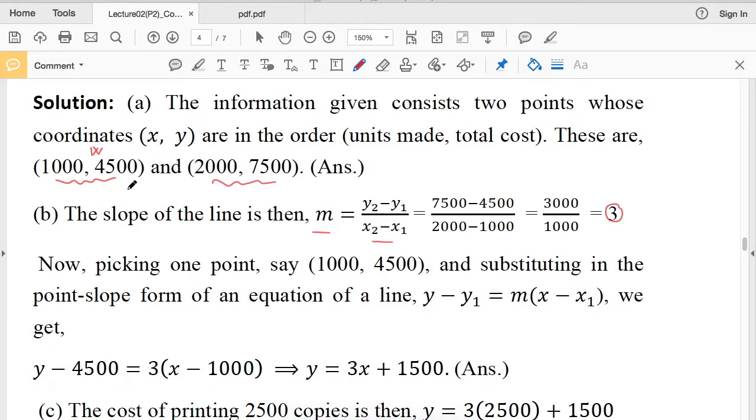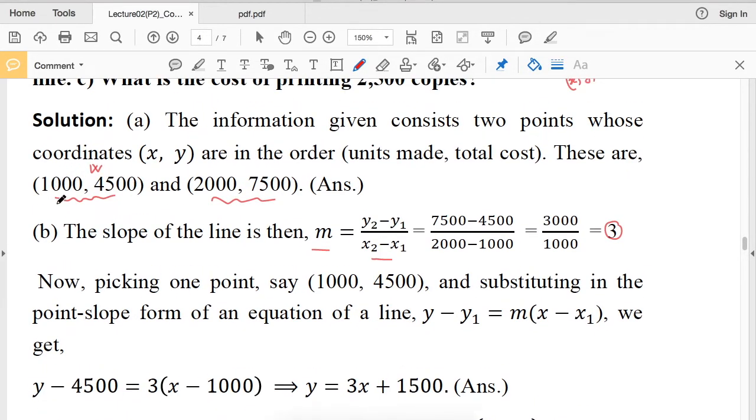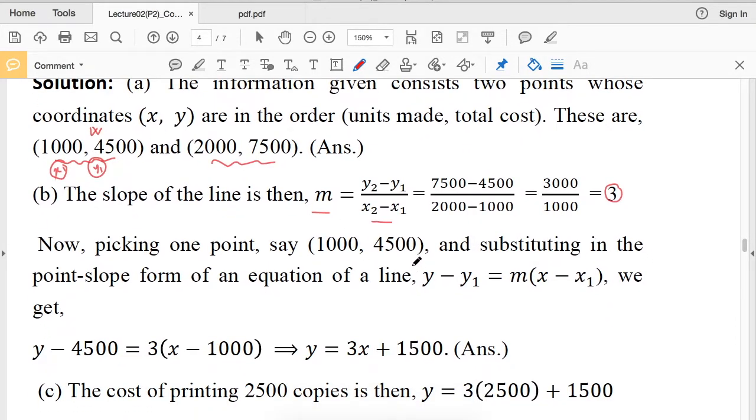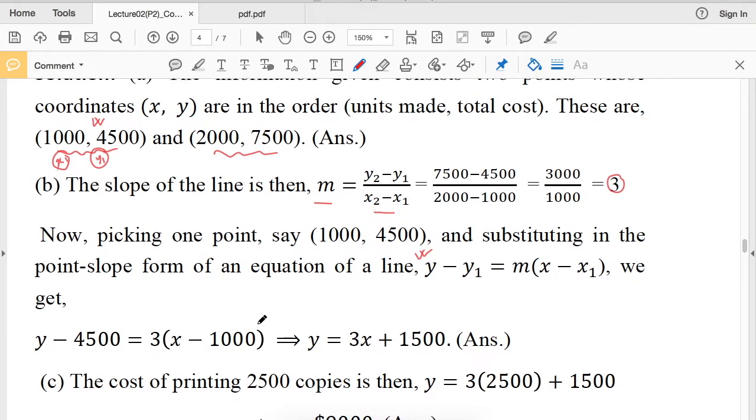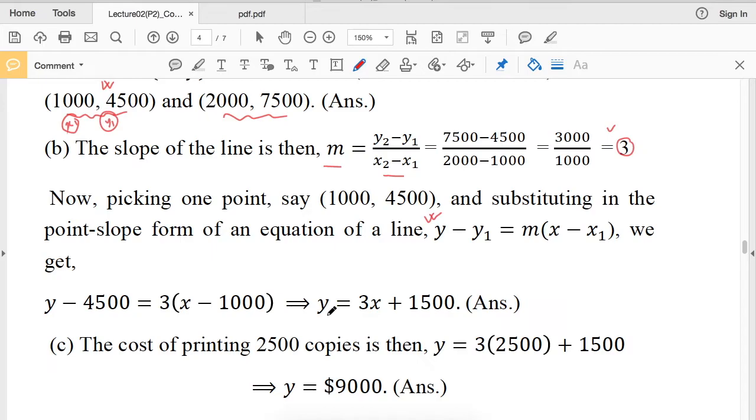Since we already denoted this one by x1, y1, it's better to consider the first point in this case. So if we use this formula, then it will be y minus y1, which is equal to m, and this is our m, into x minus x1. So after simplification, you will get your cost equation.